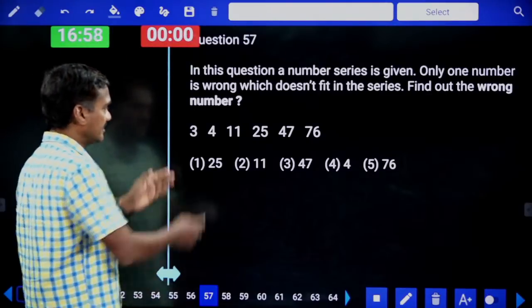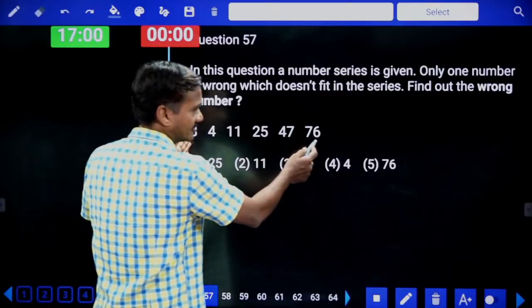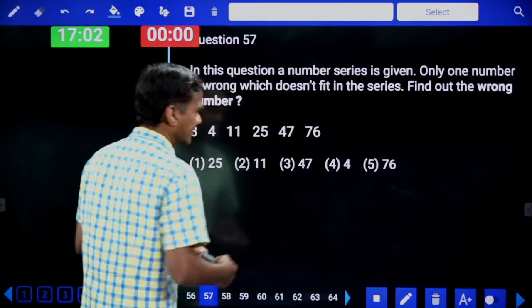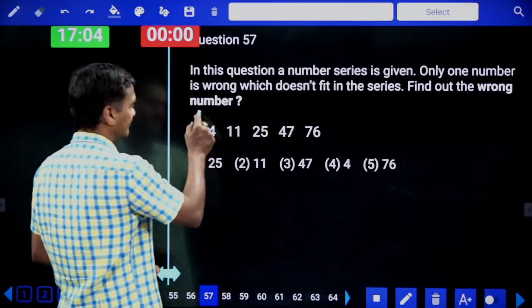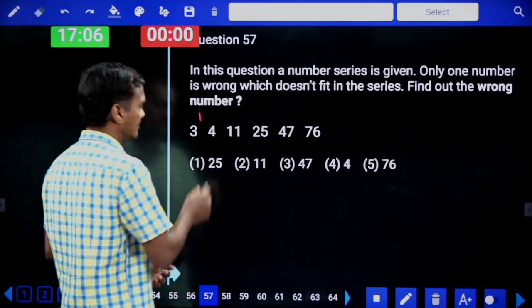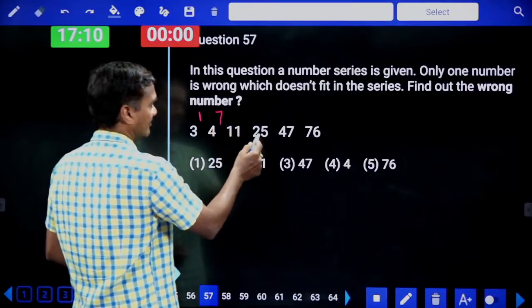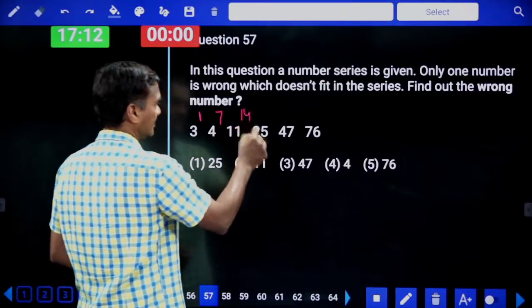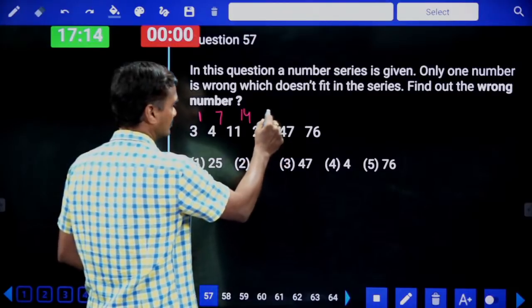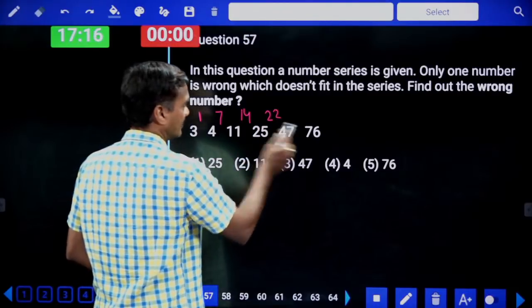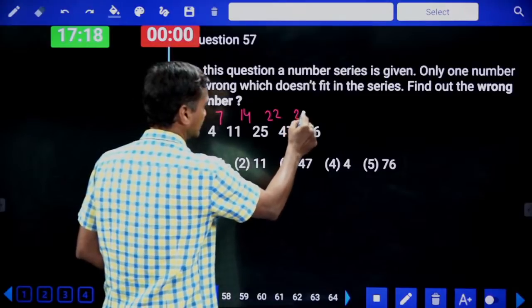Now if you observe here, numbers starting with 3 and increased up to 76, numbers are increasing at a smaller rate, hence it must be under difference. Now tell me what is the difference we have? 3 and 4, 1. Here the difference between these two is 7. 11 and 25, the difference is 14. And 25 and 47, the difference is how much? 22. And 47 and 76, the difference is 29.